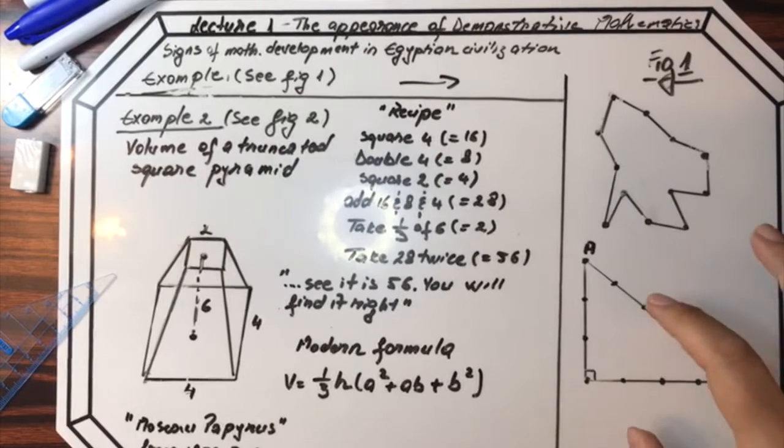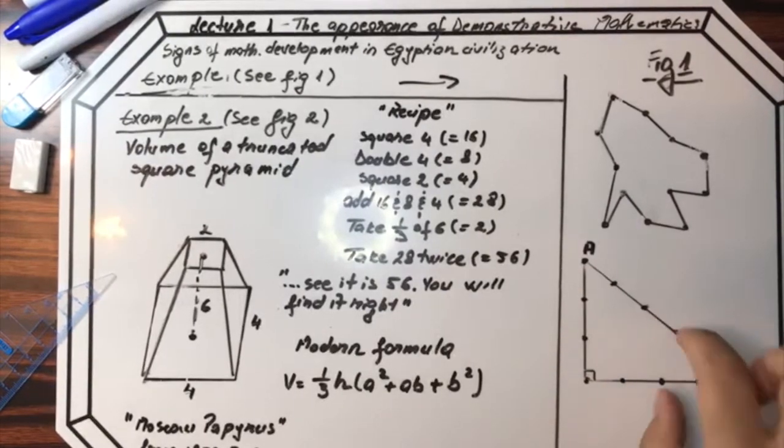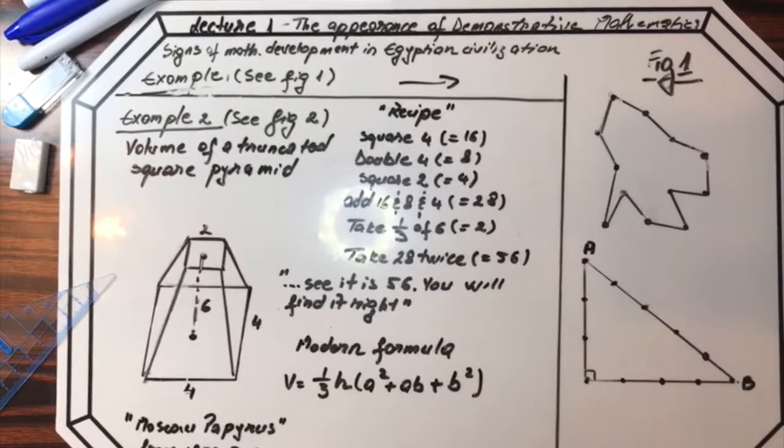Obviously, this is a right triangle with 3, 4, and 5, which is actually a very familiar object. It's known as the Pythagorean triple for a right triangle.